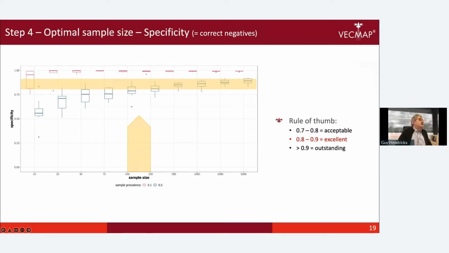This is a real nice example: you may say this statistic is wonderful. No, it is not. It is just overfitting. It is not useful. Whilst when you look at the balanced data set, the specificity is the one performing least from 100 to 250 data sample points.